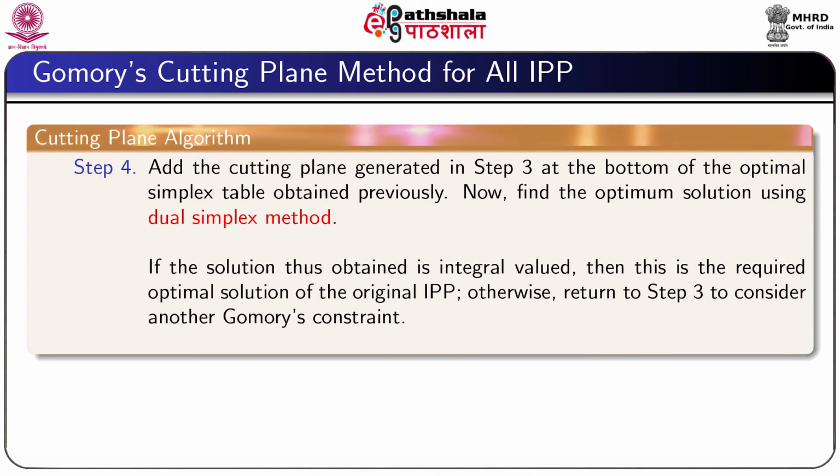Then we proceed with the dual simplex method to find the optimum solution. If the solution thus obtained is integral valued, then this is the required optimal solution of the original IPP. Otherwise, we return to step 3.